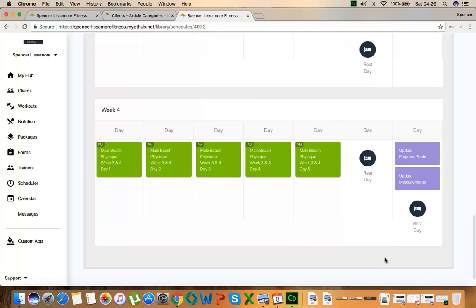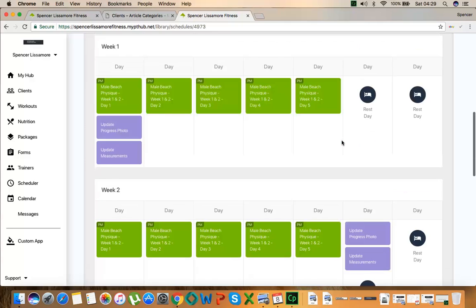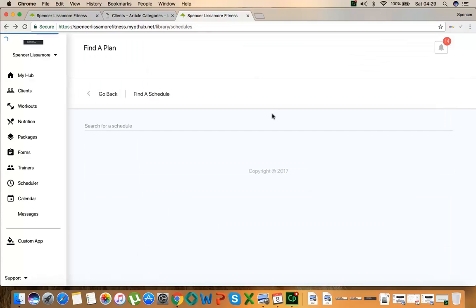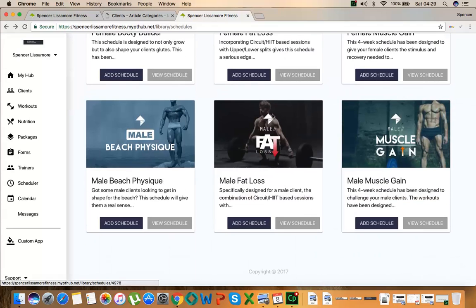And for our final day of the 4 weeks, I want an update photo, update measurements. That there gives us some accountability. It allows me as a trainer to keep on top of whether my clients are checking in on the right days and whether they are achieving their goals or on the right track.